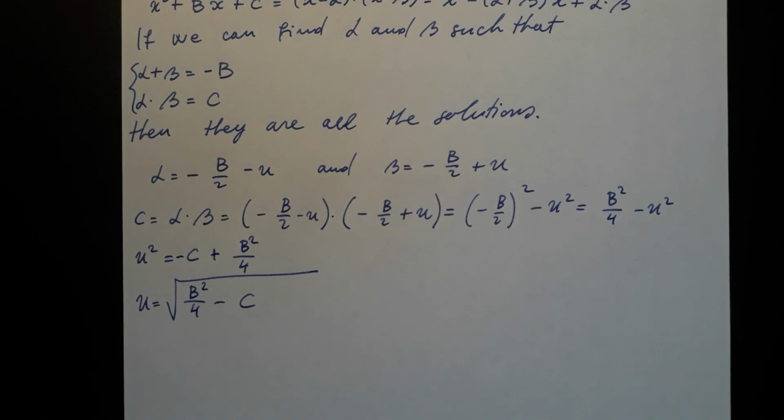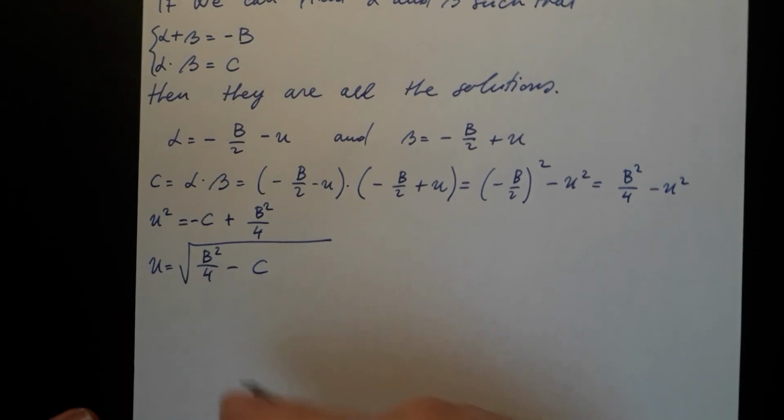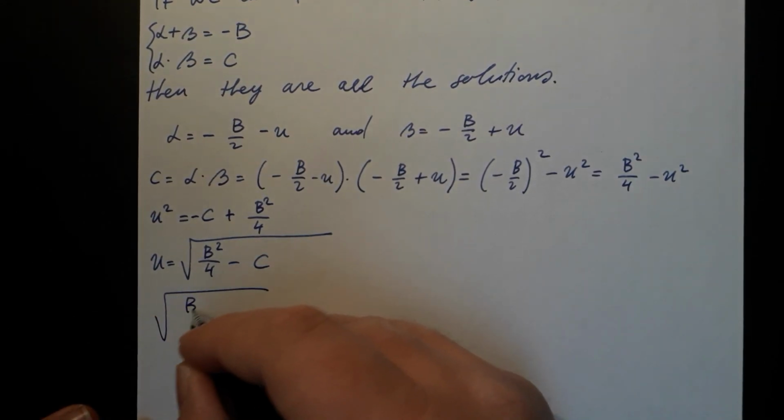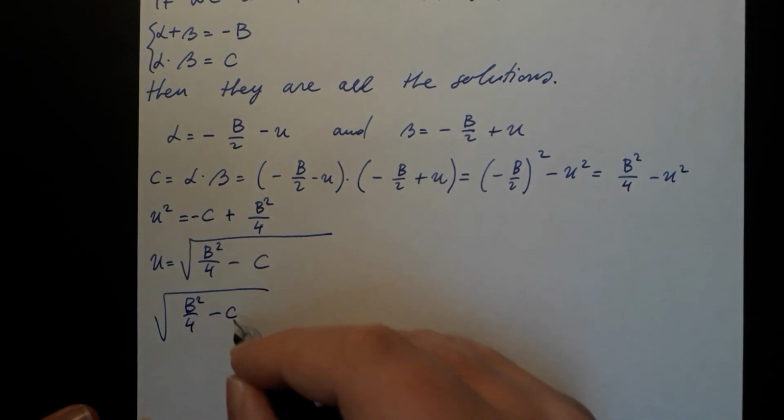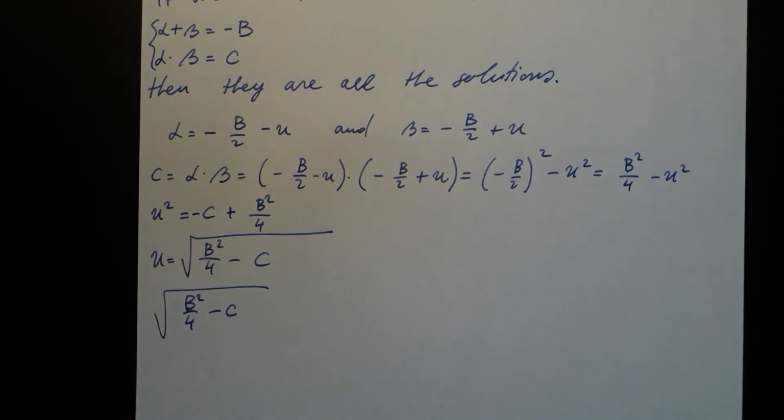That will give you a solution set too, but it will be the same solution set. The important thing is that this square root of b squared over 4 minus c always exists. No matter what b and c are, I can always take the square root of any number.